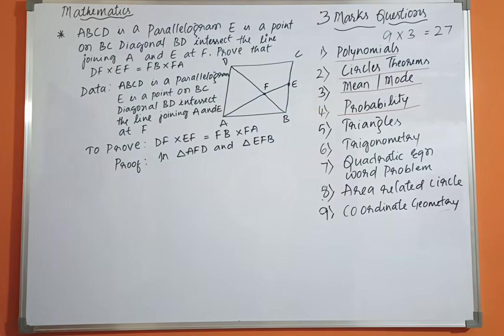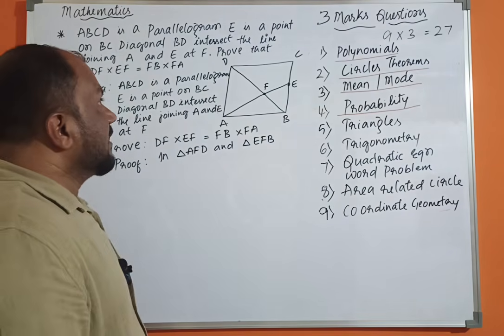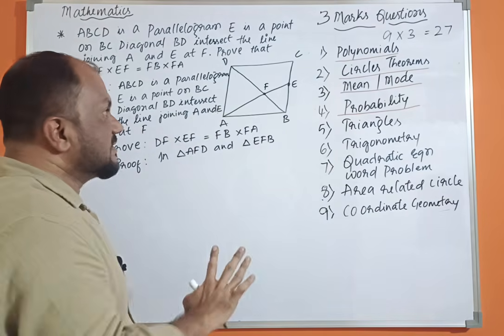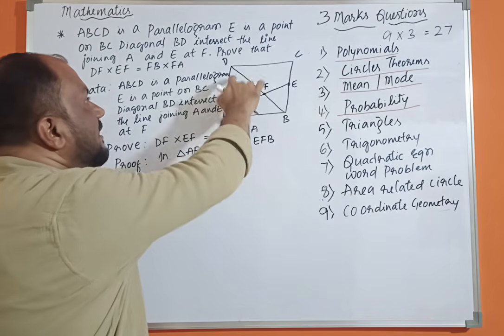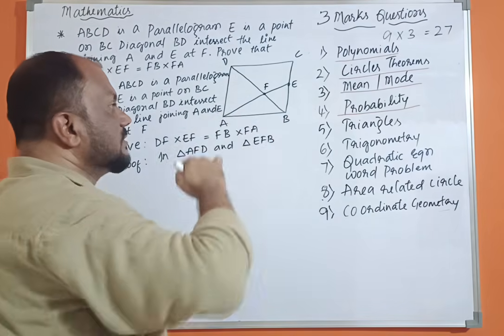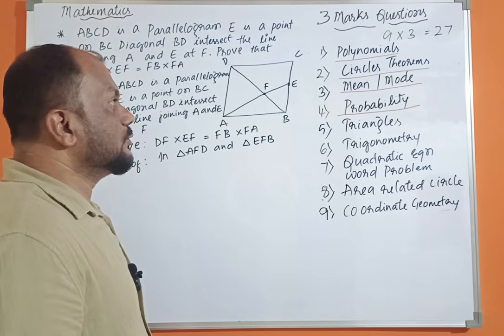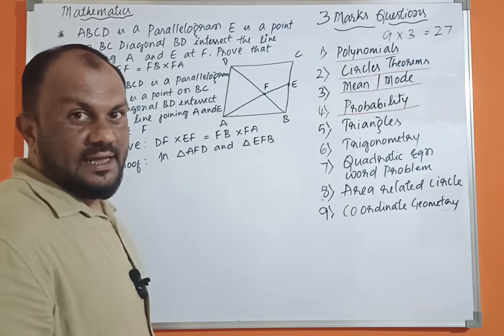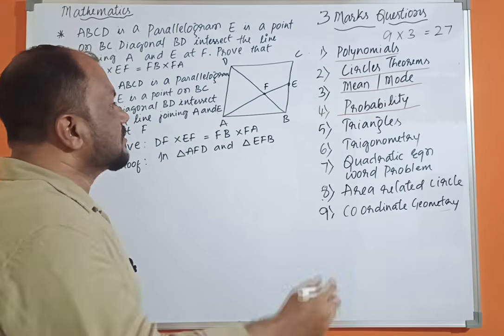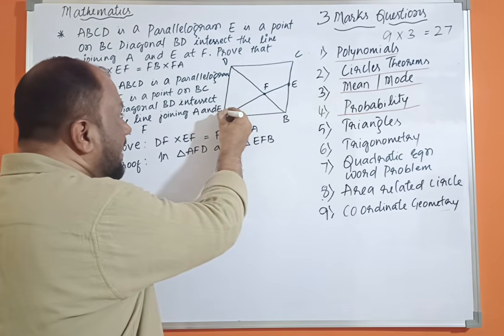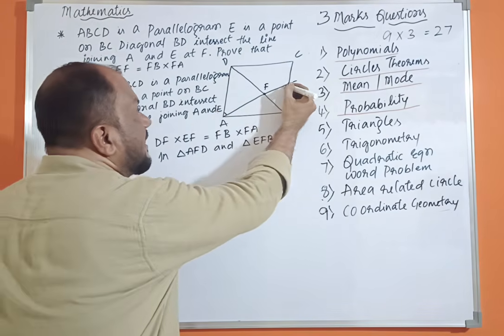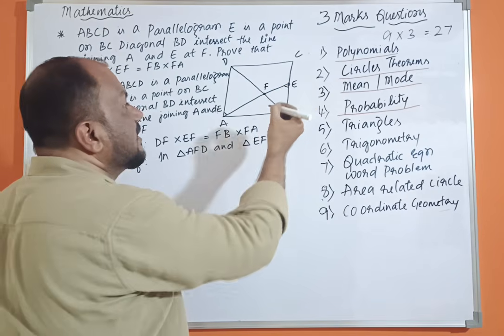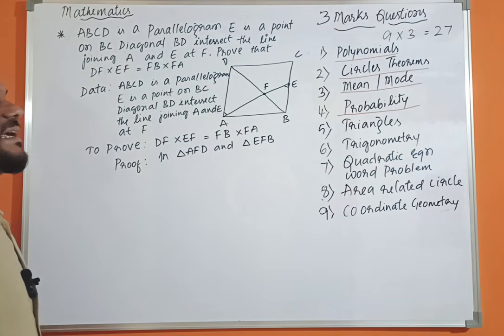In these two triangles, ABCD is a parallelogram, so AD should be parallel to BC. AE is a transversal. In that case, angle A and angle E both are alternate interior angles.